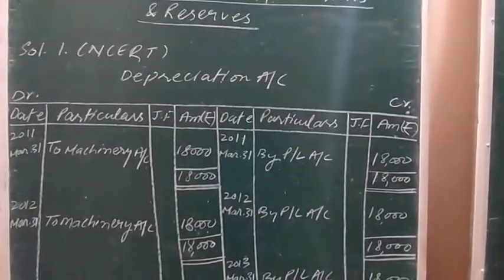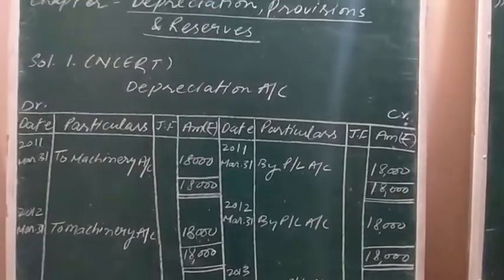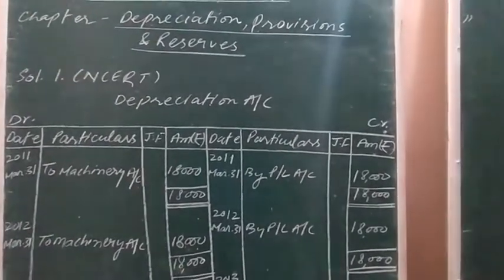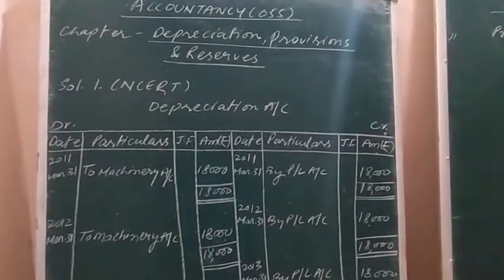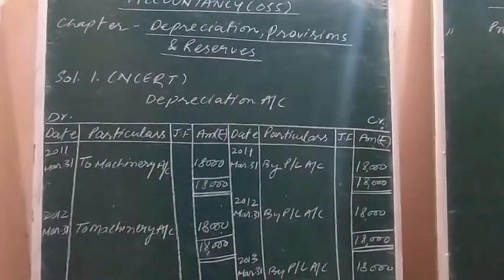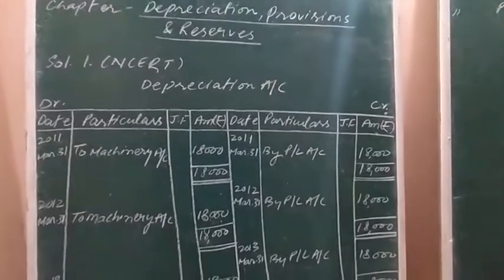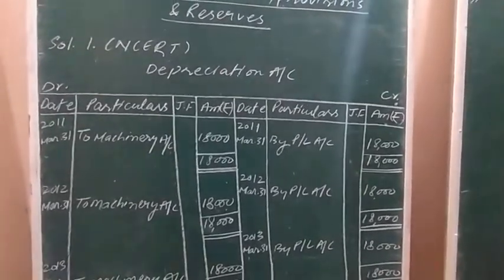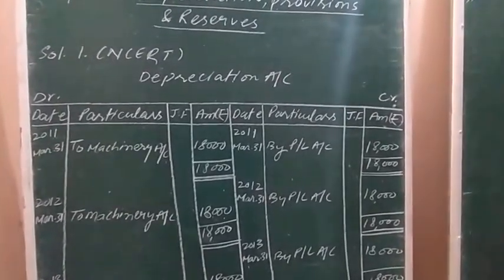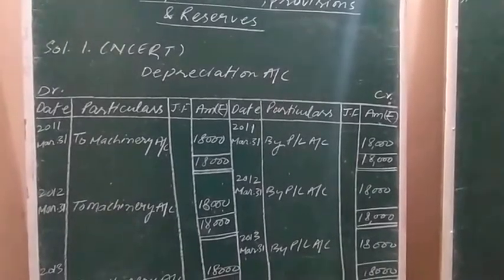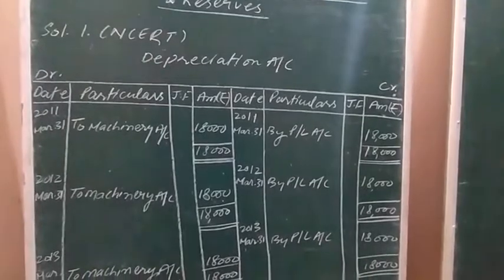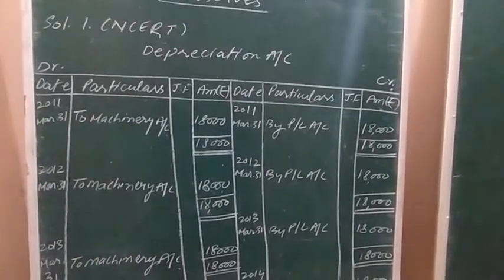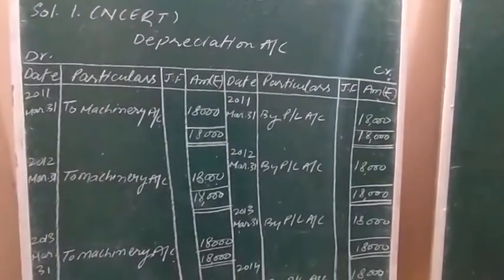At the end of the year, these two journal entries need to be passed, because depreciation and the writing off of the depreciation amount will be done at the end of the year. In each of the years the same treatment and the same type of posting will be there. On the debit side we need to write machine, and on the credit side we need to write P&L account in all the 4 years.